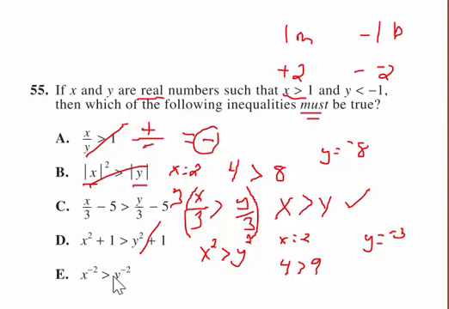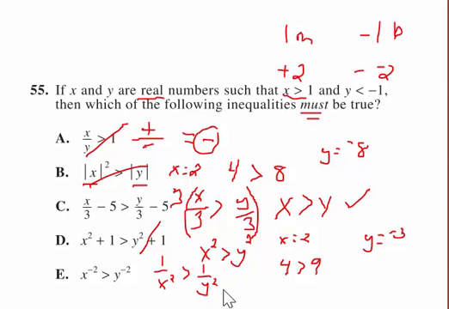Right. And I like to leave this last one because it's a good little review of negative exponents. What these mean is really, I can rewrite x to the minus 2 as 1 over x squared. Same thing on the other side, that can be rewritten as 1 over y squared.